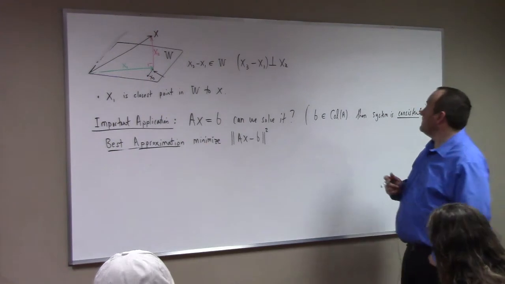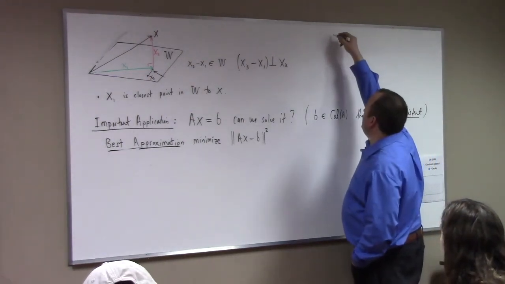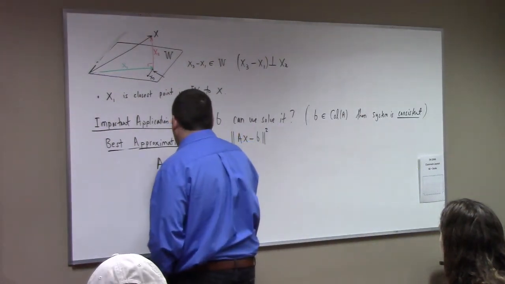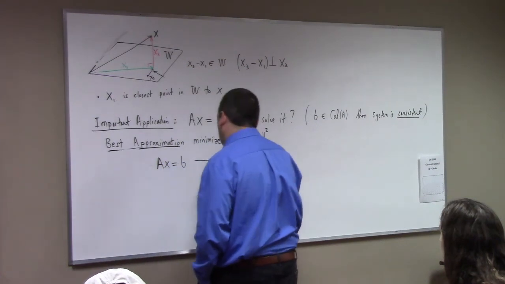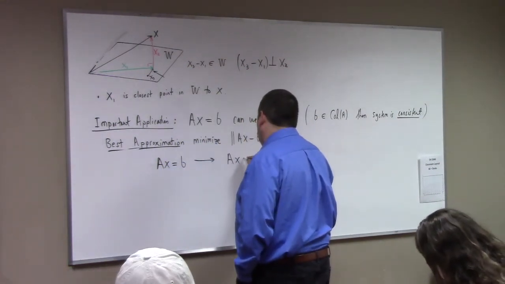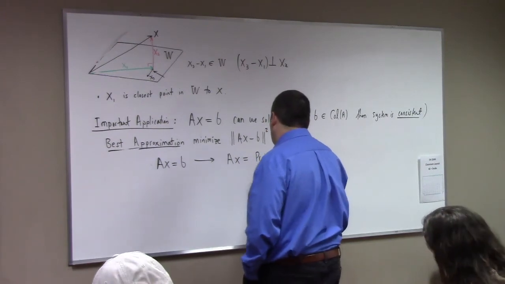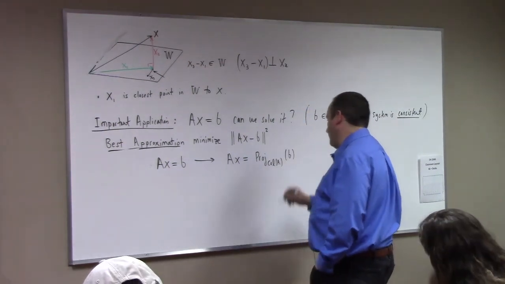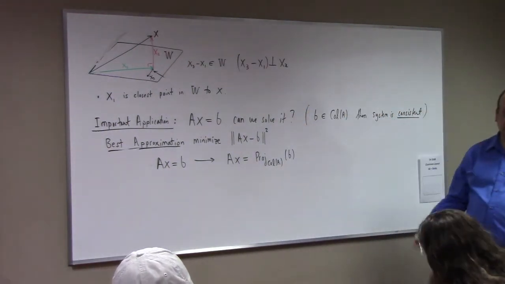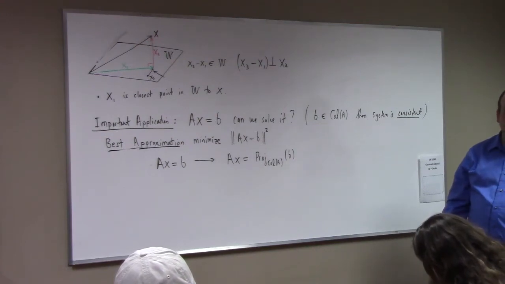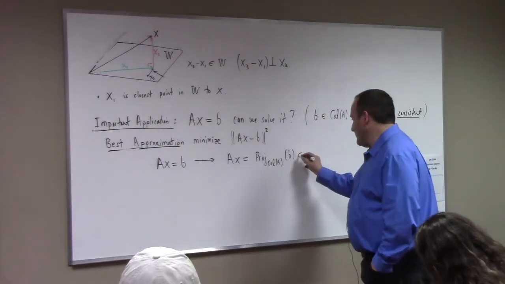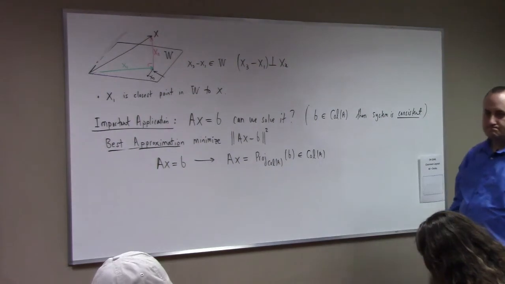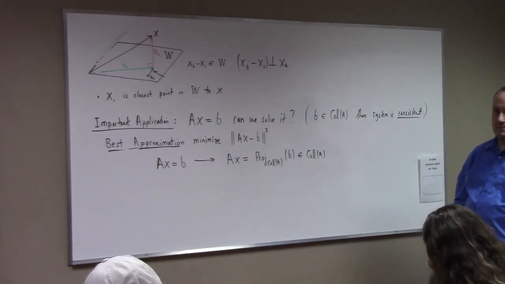So let's think about this. We can't solve Ax equal to b. Okay, we can't solve that, but we can solve what? We can solve Ax equals the projection of b onto the column space of A, right? Because the projection of b onto the column space of A is in the column space of A, which means that this corresponding system can be solved.